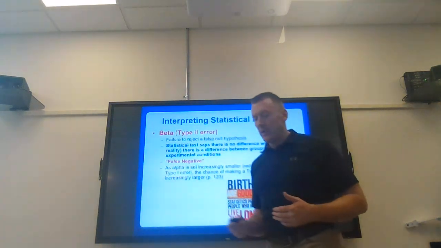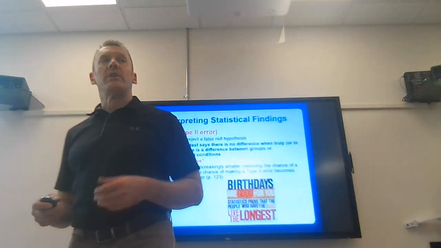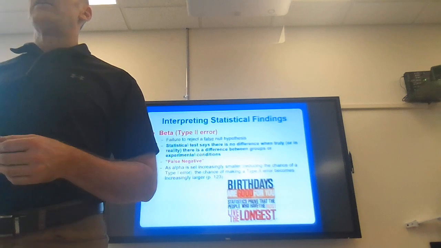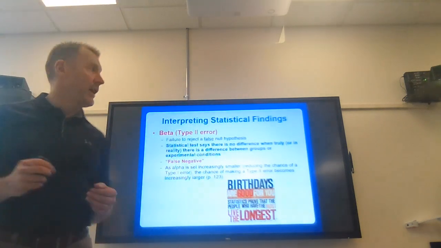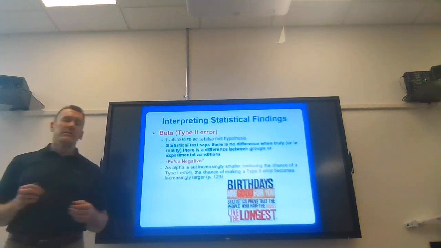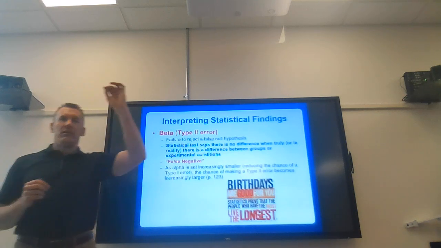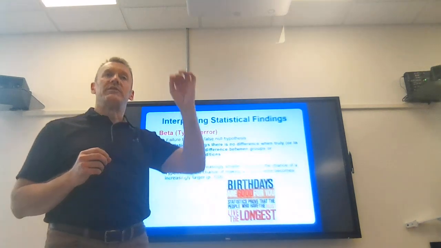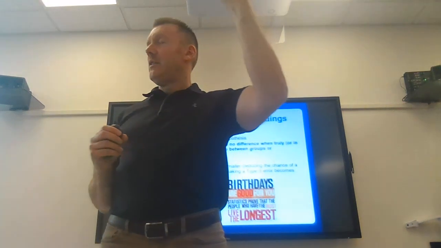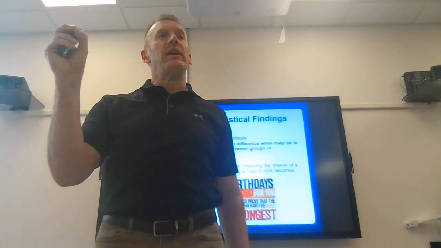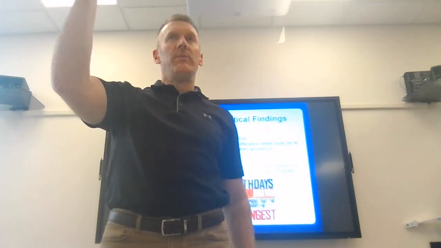So there's a trade-off here between alpha and beta. In other words, there's a trade-off between the chance of making a type 1 error and the chance of making a type 2 error. As your alpha goes from 0.05 to 0.01, we go from a 5% chance of a type 1 error to a 1% chance.